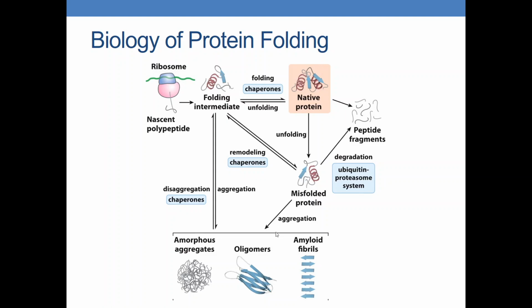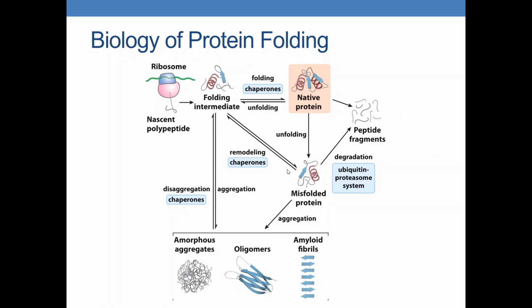Misfolded proteins can aggregate as well. They are the subject of a lot of study, these misfolded proteins are. Misfolding can stem from folding intermediates. They can also come from cases where your native protein has undergone some sort of stress that led to transient unfolding, and they misfolded in an attempt to get back to the native state.